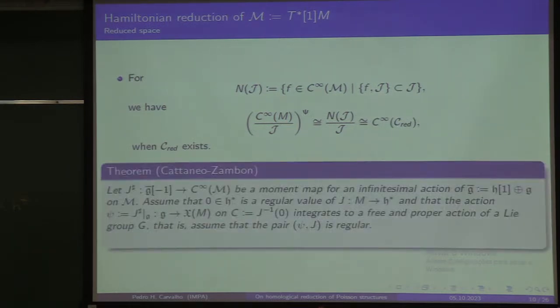And there is this kind of degree 1 Marsden-Weinstein theorem that's due to Cattaneo-Zambon in this paper where they discuss Poisson reduction in graded geometric terms.